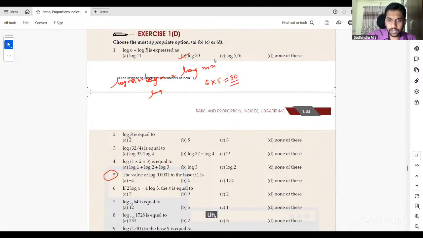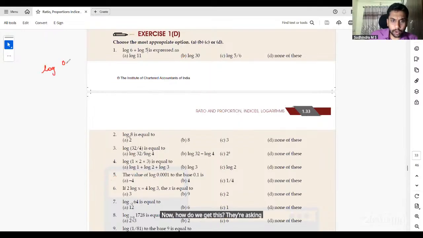Indira also has to recheck. Others correct. Now, how do we get this? They're asking us the logarithm of 0.0001 to the base 0.1. Whenever they ask like this, what do we do? We'll equate it to x. Convert it to indices. 0.1 to the power x is equal to 0.0001.